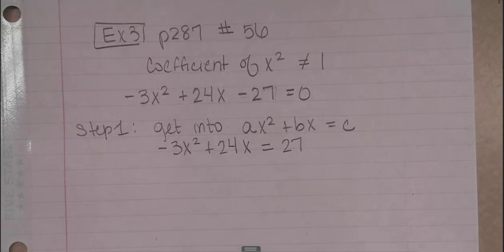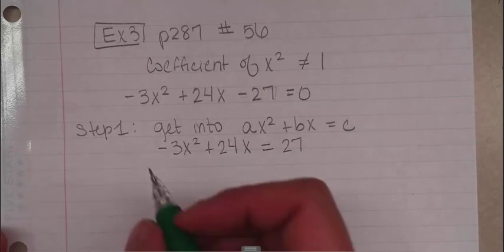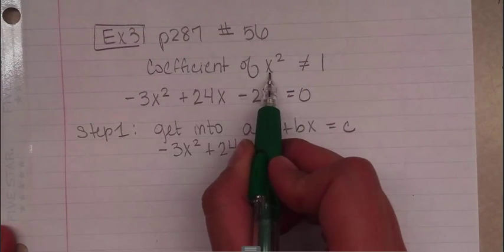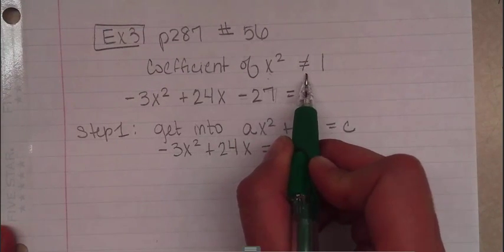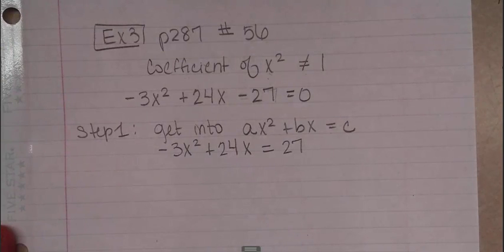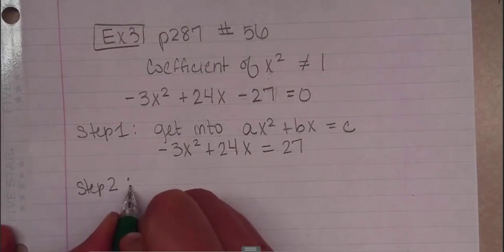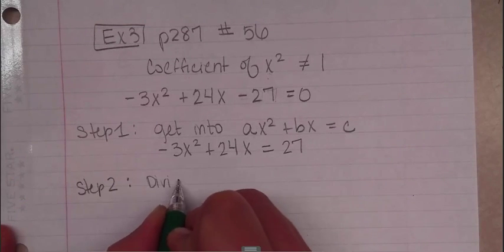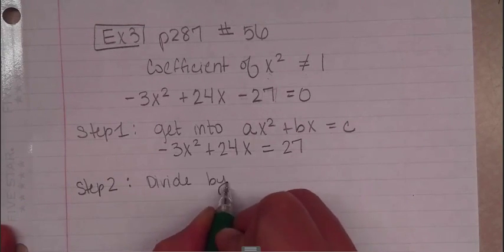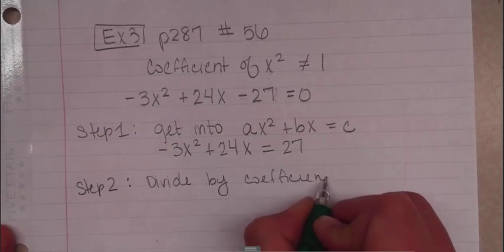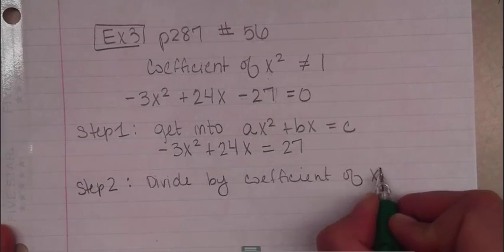All right, so here's the next step. This one's additional, okay? And that's because the coefficient, or the a, of x squared is not equal to 1. It has to be. So step 2 is going to be divide by the coefficient of x squared.